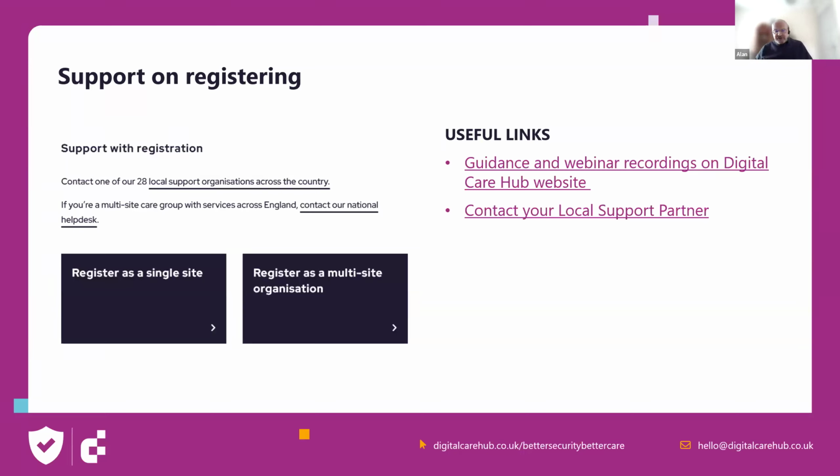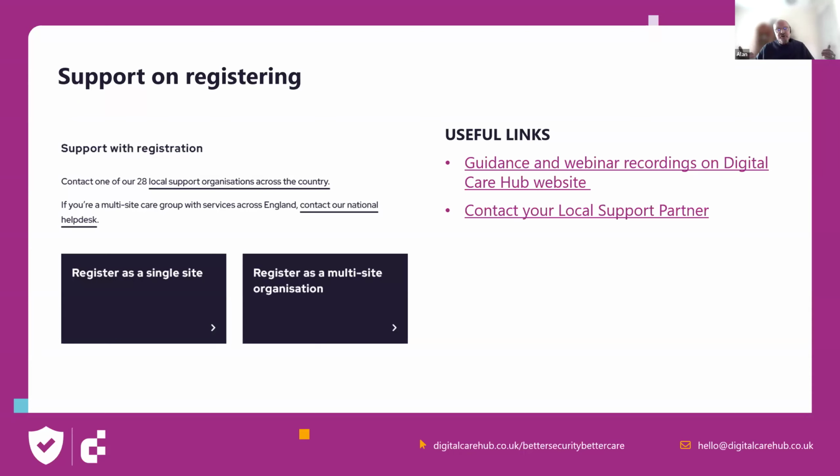And then on the right-hand side of the slide, there's a couple of useful links that will take you through to either your local support partner or information on the Digital Care Hub website. So registration complete, profile set, and you're ready to answer the questions.